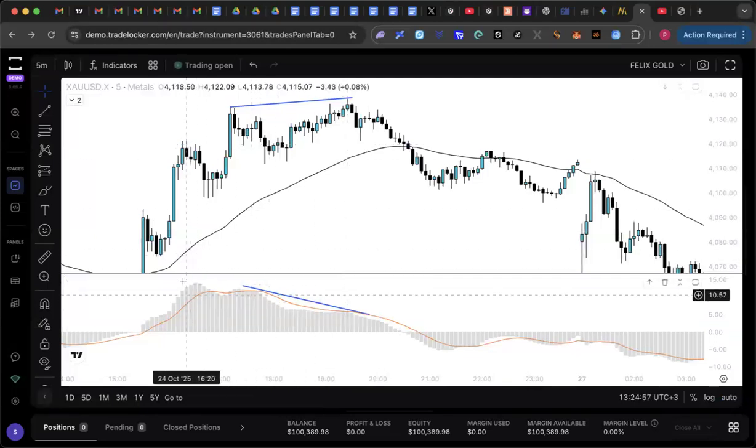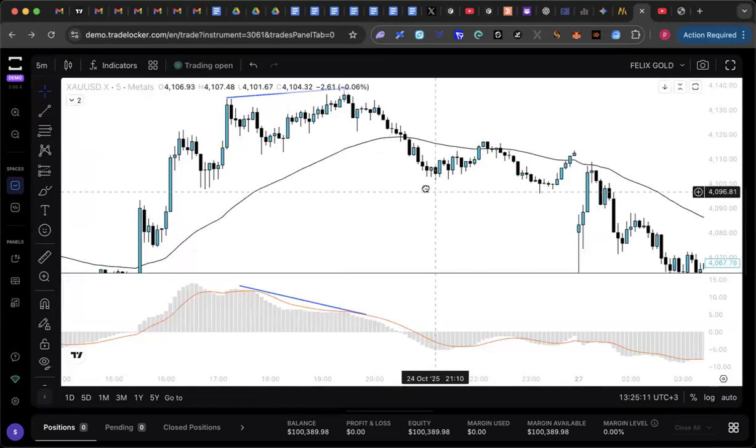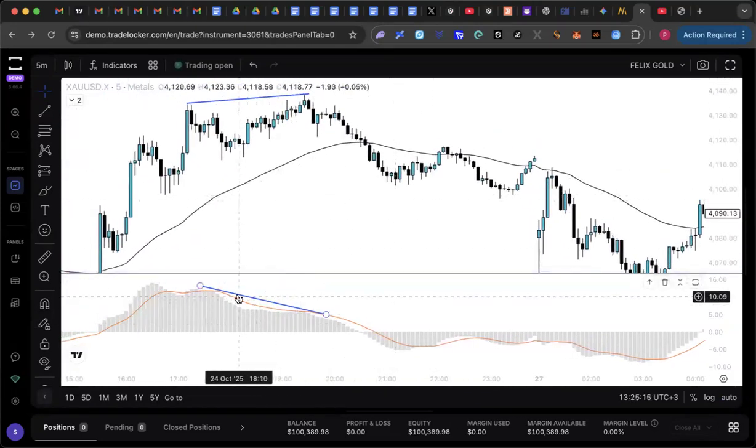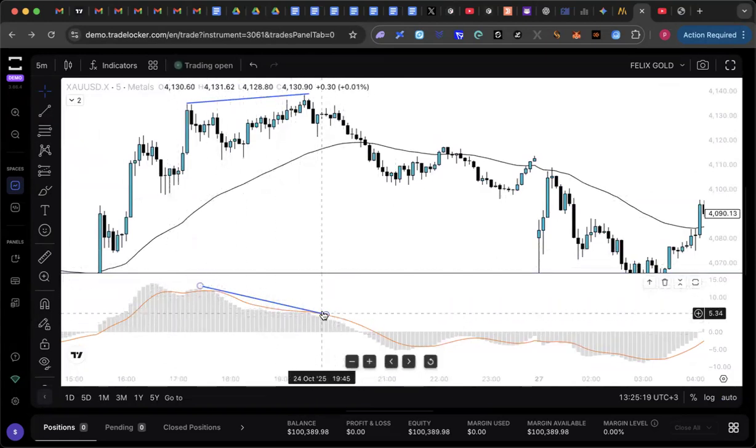If you look at it here, this is a high, this is a low, and this is a low, and this is a high. So it's already signaling you ahead of time that something is about to happen, something is really cooking. Then when you have this 1, 2, 3, that's when you want to be entering the market.